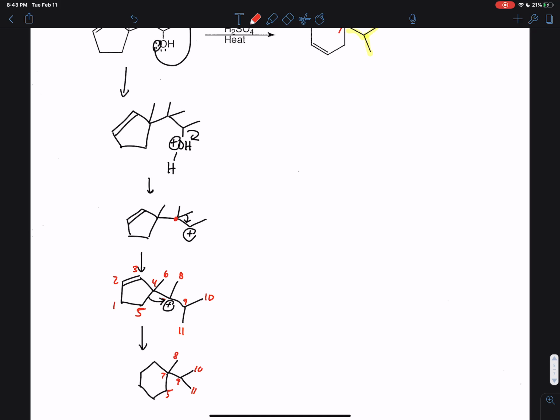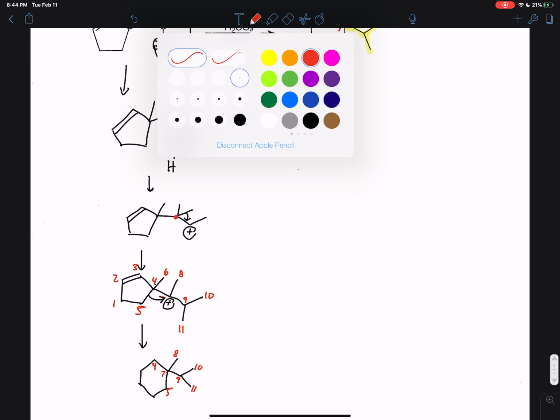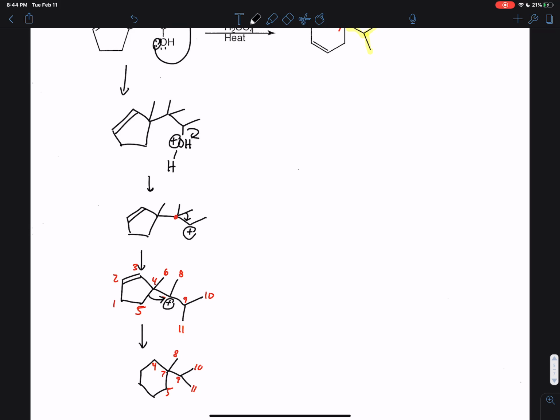Coming off of the other side of number 7 has what carbon? 4? Are you sure? Yeah, it's 4. Number 7 from the other side is going to have 4. And then what else does 4 have coming off of it? A methyl, which is 6. Perfect. So that's our methyl, which is 6.